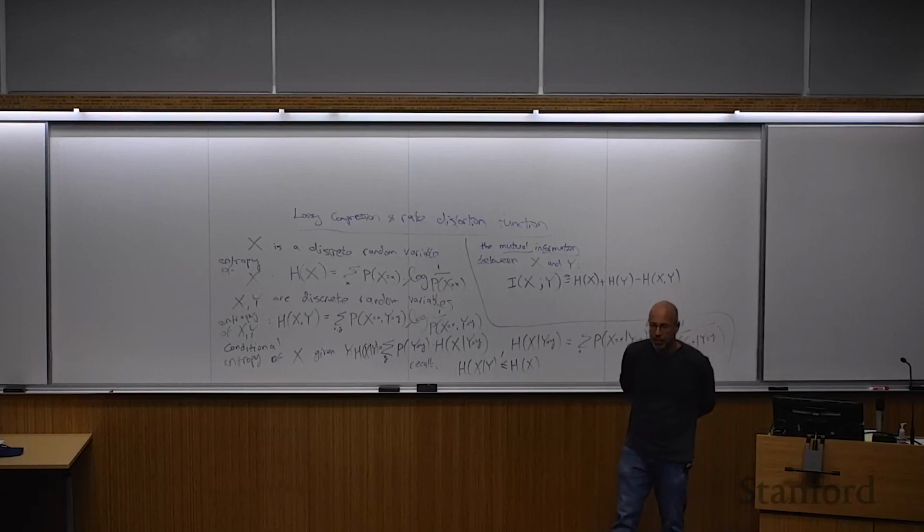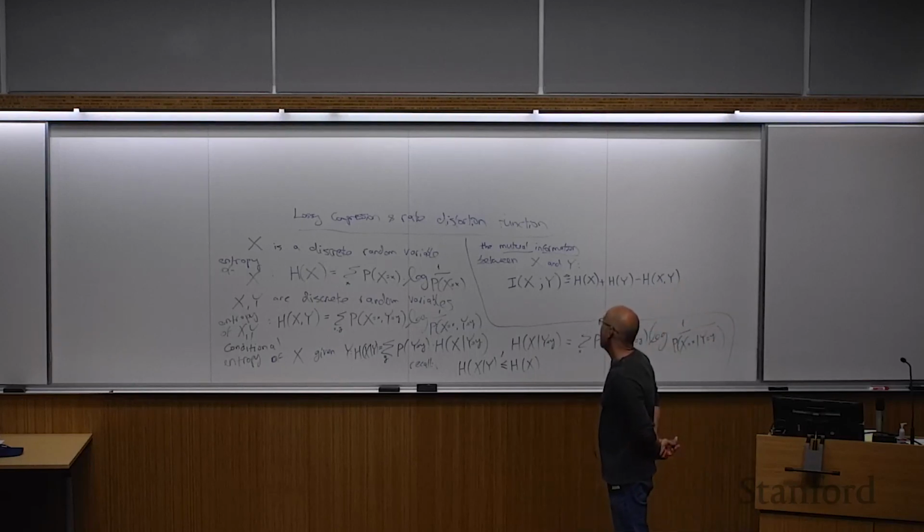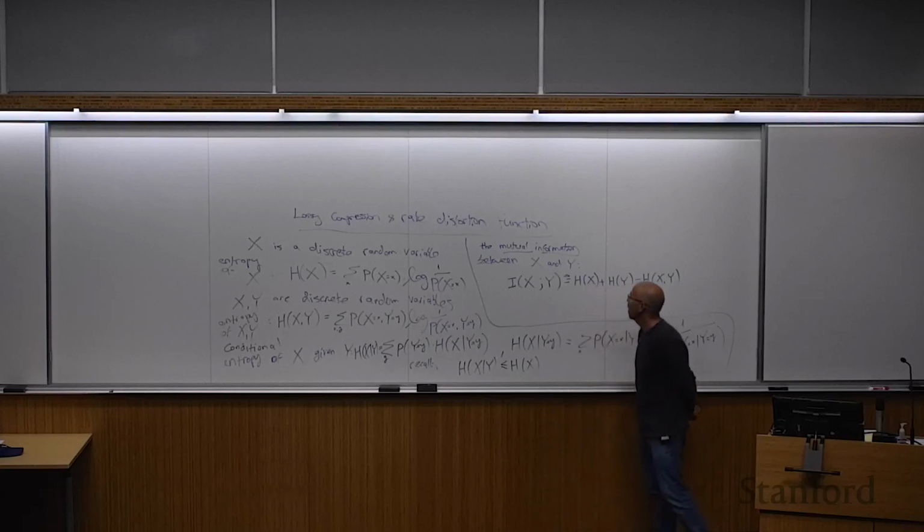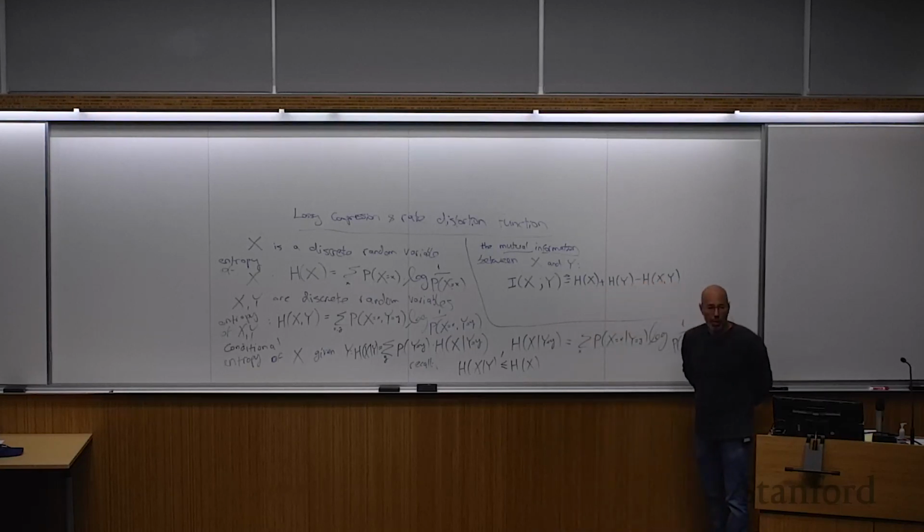So that's how mutual information between x and y is defined, and we can immediately glean some properties of it.